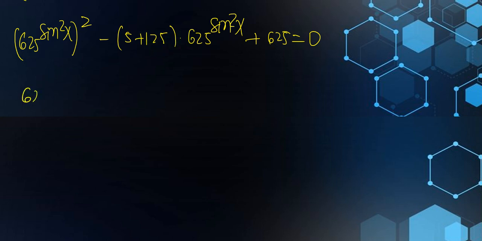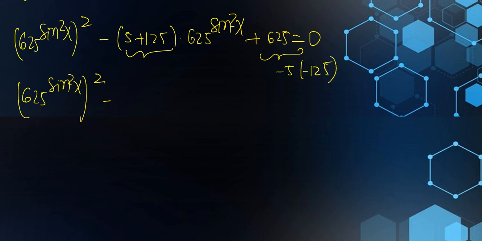Okay, so this one here, sine square x, and then I'm going to multiply this one by these two terms here. Why did I do this, guys? Because 6 to 5 here is equal to negative 5 times negative 125. So that's why I did this here.